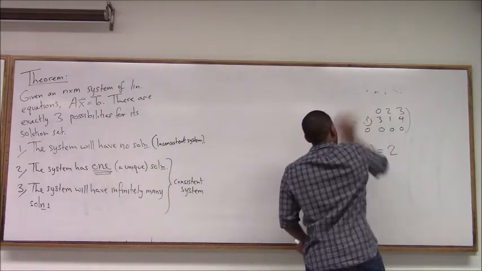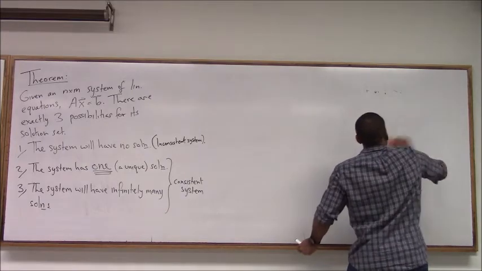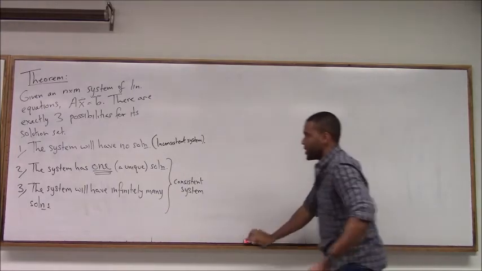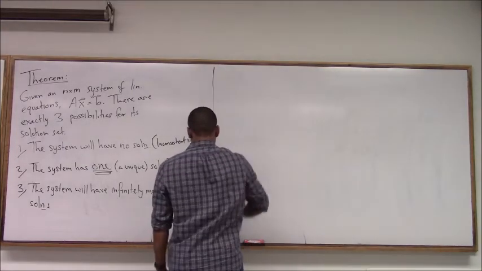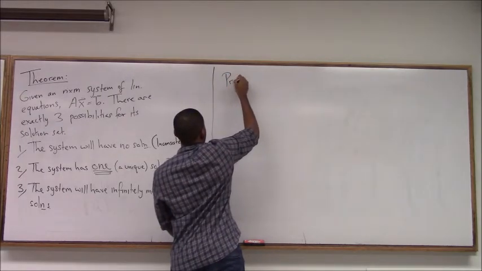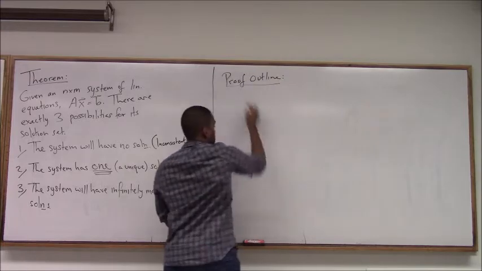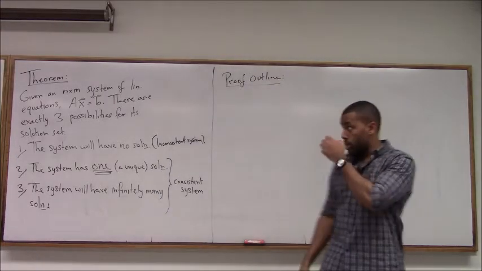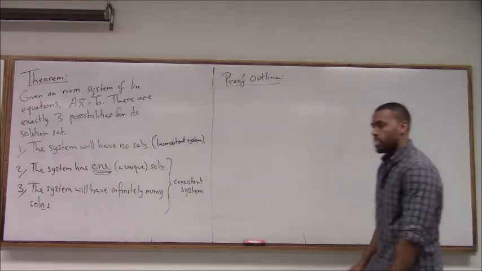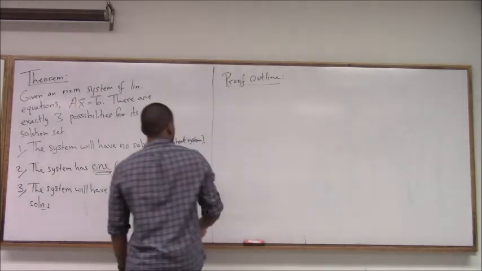It's a very important theorem, but we're not going to spend too much time on it. In fact, I'm not even going to prove it in detail, just give you a little proof outline here. I'll do some hand waving, but it's essentially a proof by cases.